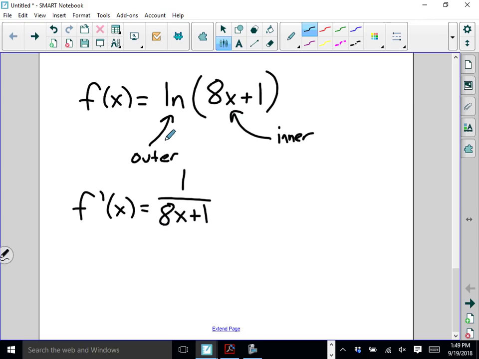All right, think of it this way. Natural log x derivative is 1 over x. Natural log stuff derivative is 1 over stuff. But I need to multiply by one more thing. Don't forget to multiply by the derivative of the inside. Well, what is the derivative of our inner function? It's simply 8.